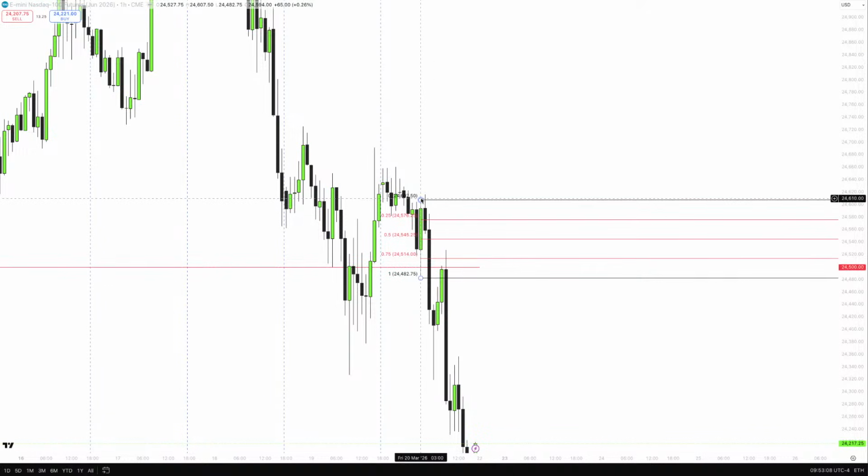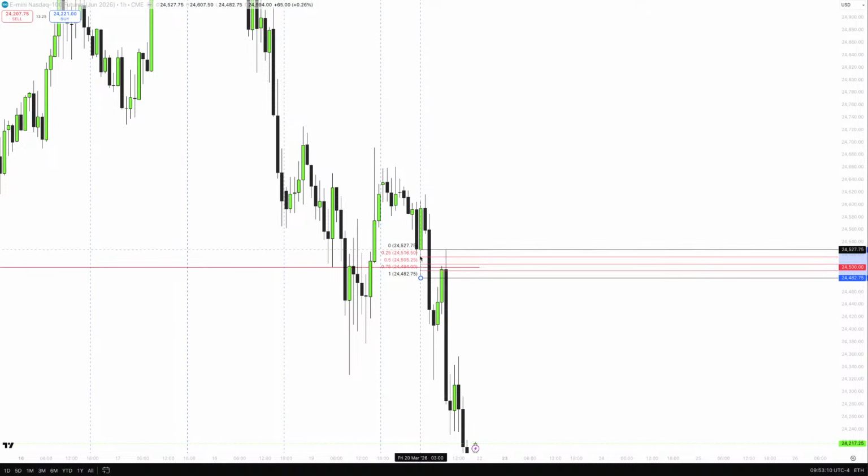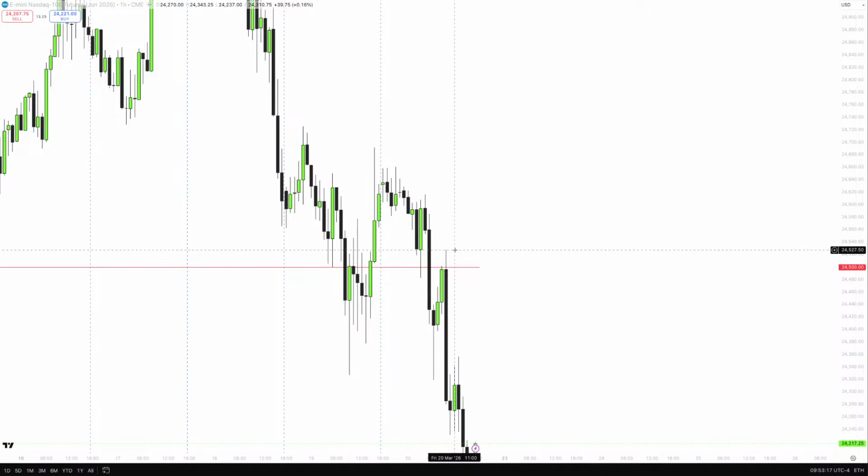This is an order block, or you can also only take the body of the order block. So right here, the open of this order block is 24,527.75, and the high is 24,527.5.